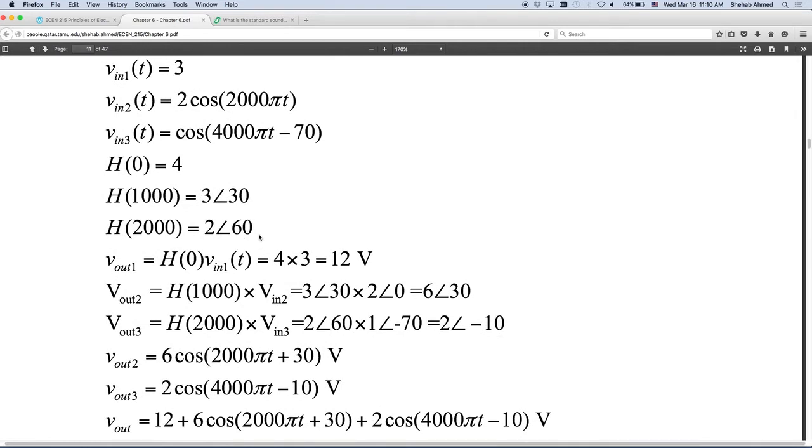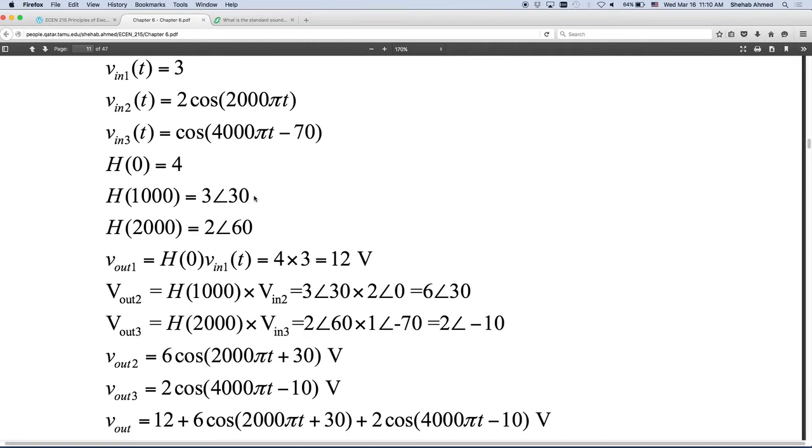And then you take each one of these signals and multiply by the corresponding transfer function at its specific frequency, right? So you take 3 multiplied by H of 0, which is 4 angle 0, right? The phase shift of this is 0.